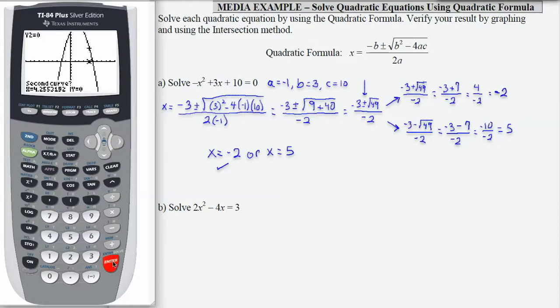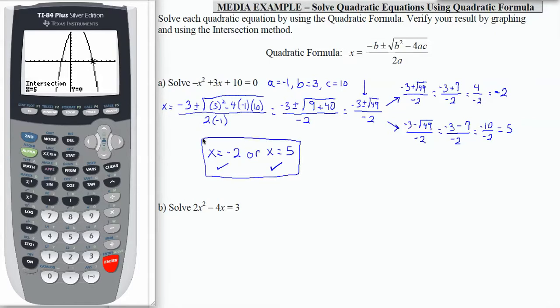I can press enter 3 times, and that should verify that 5, 0 is a horizontal intercept, meaning x equals 5 is a solution to the original equation. So we have solved, we have checked to verify, and our two solutions are x equals negative 2 or x equals 5. We're going to use the same kind of process with part B.